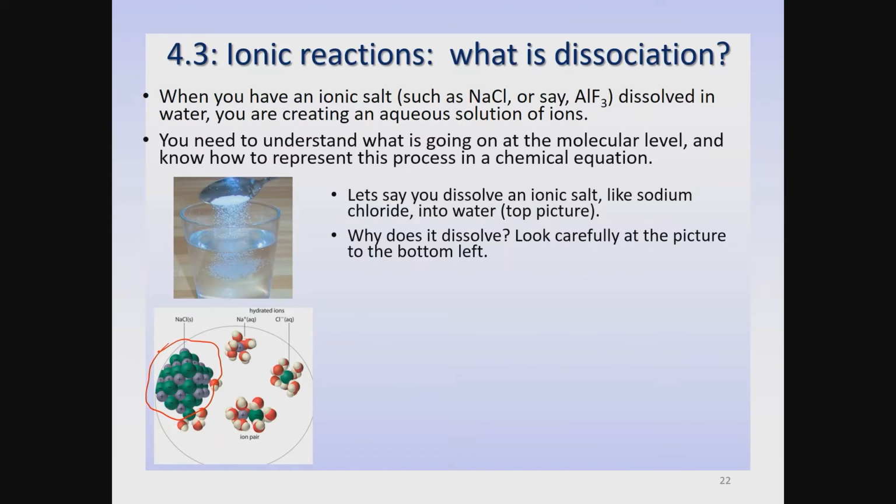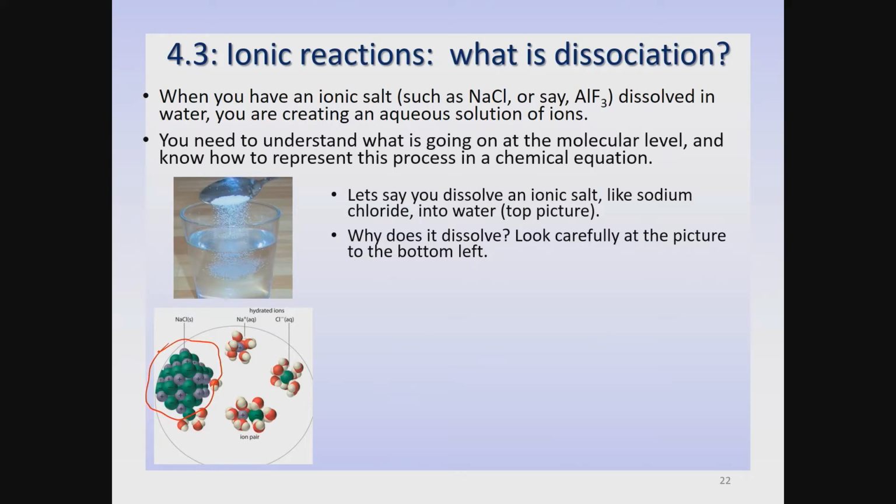You don't need to really understand it now, but the hydrogens have a slight deficiency of charge, so they're a little bit positively charged. On the other hand, the oxygen has a slight excess of charge, so it has a bit of a negative charge. And so the water molecules orient their positively charged hydrogens toward the negatively charged chloride ion, and that will be able to pull off the ion.